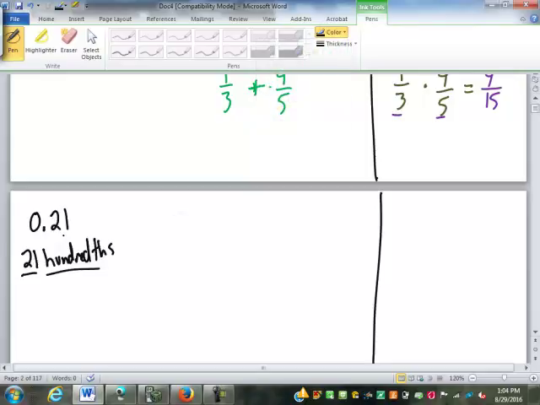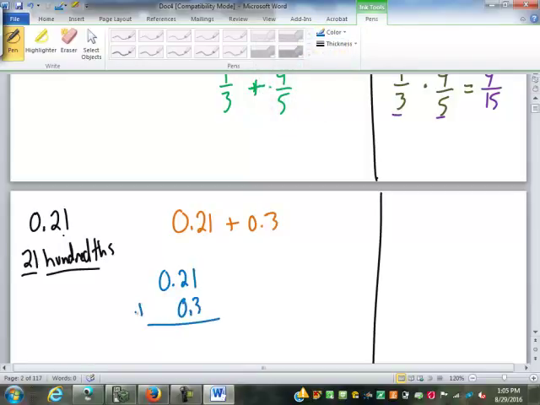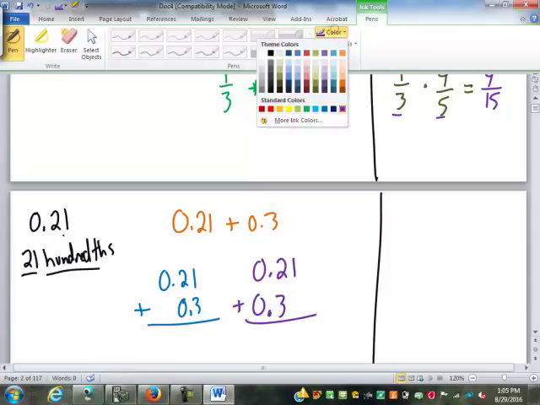If I have my .21 plus .3, if I go to add that, is that going to work? What's wrong there? We've been told that we have to line up our decimal points. Why? Third grade teacher said so?